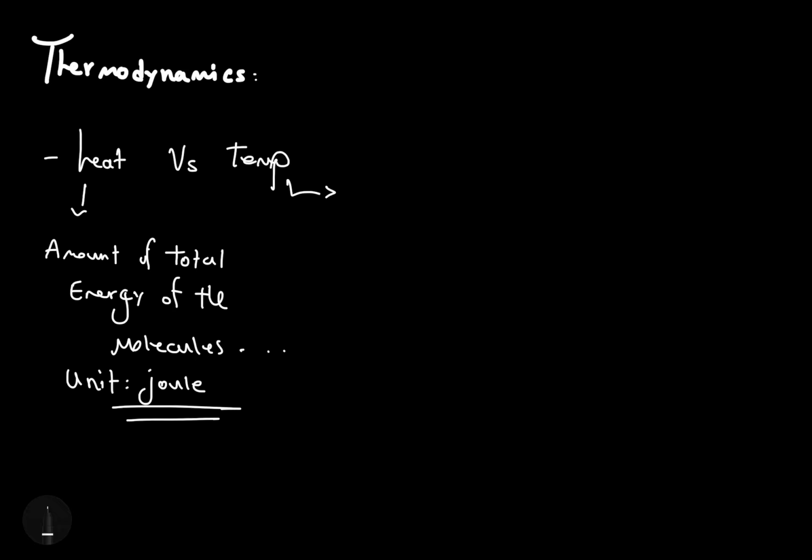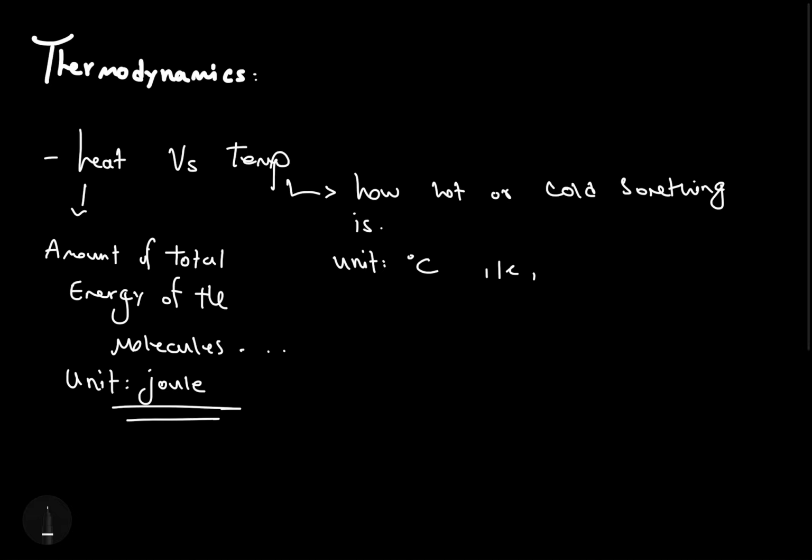But if I want to give a very simple description, it's just how hot or cold something is. And the units of temperature, one of the most famous and SI units for it, is the Celsius degree. And then we have kelvins. We also have Fahrenheit degrees, and Rankine and all these other units.